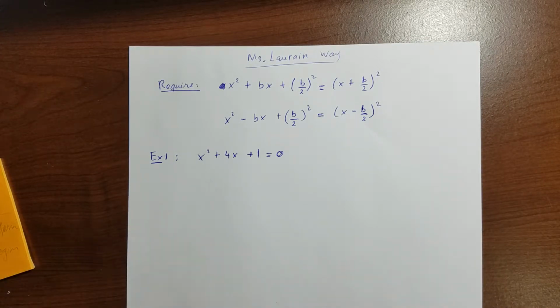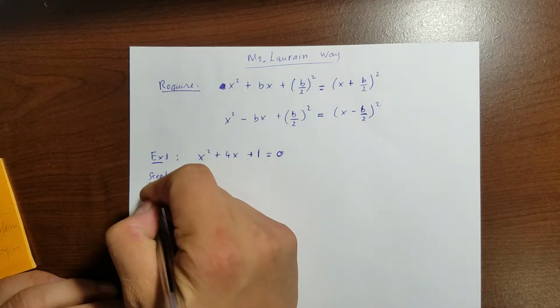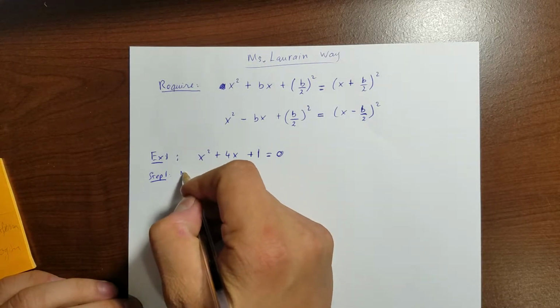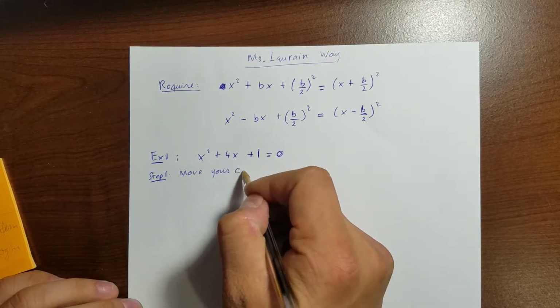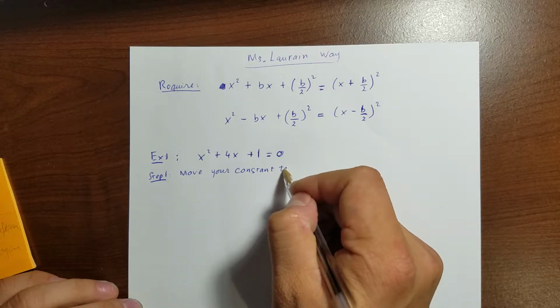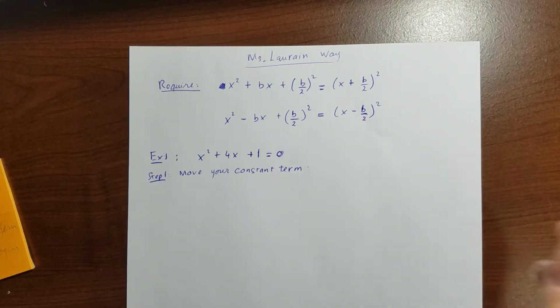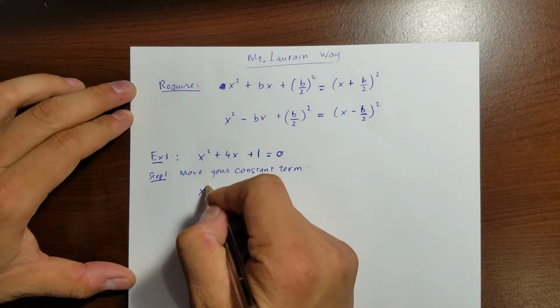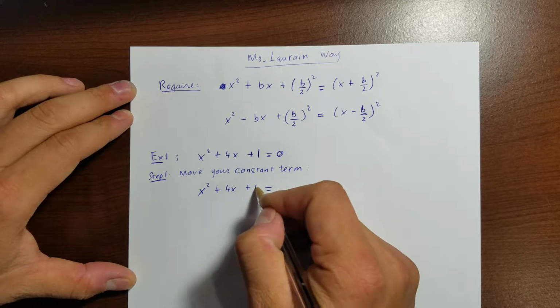For Miss Lorraine, the way she explained this is to follow a couple of steps. Step number 1, move your constant term. In this case we have x squared plus 4x plus 1.